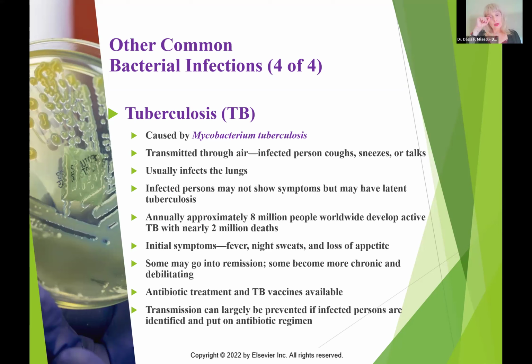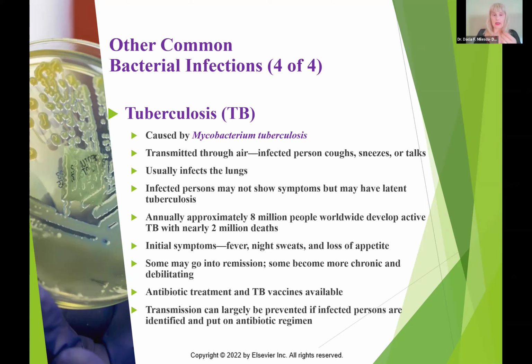Tuberculosis. In third world countries, yes, it's more common, but it's also more common in the inner city. In the HIV population, due to immunocompromise, it is more common. It is caused by Mycobacterium tuberculosis. It's transmitted through the air. The infection is spread by the person coughing, sneezing, or even just talking.